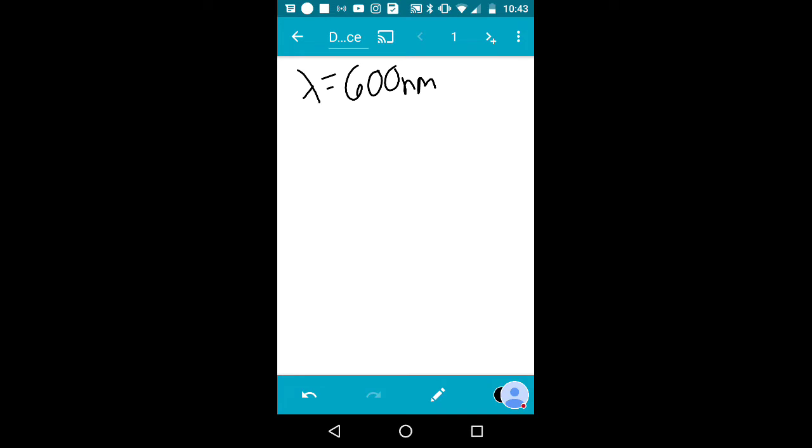It then says the bright interference fringes are spaced 1.8 millimeters apart on the viewing screen. So I'll just make a note of the spacing and we'll talk about what that means in a second.